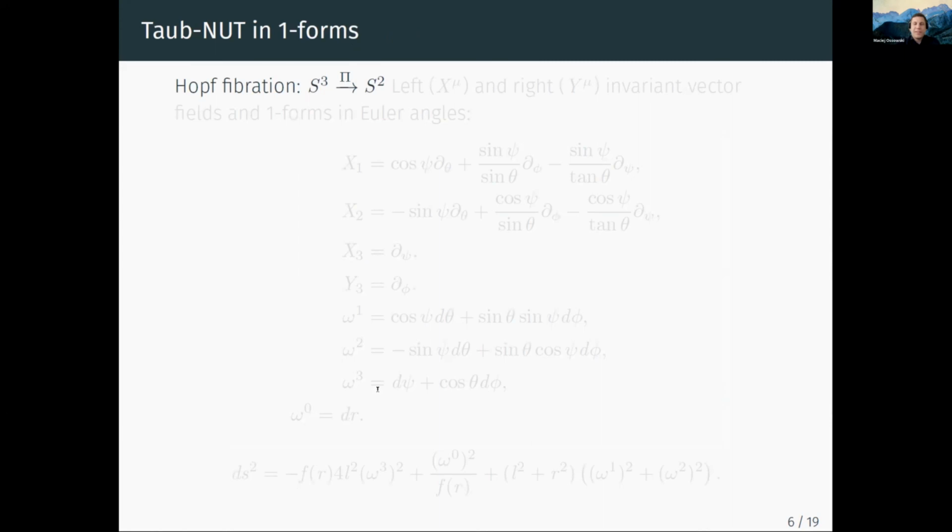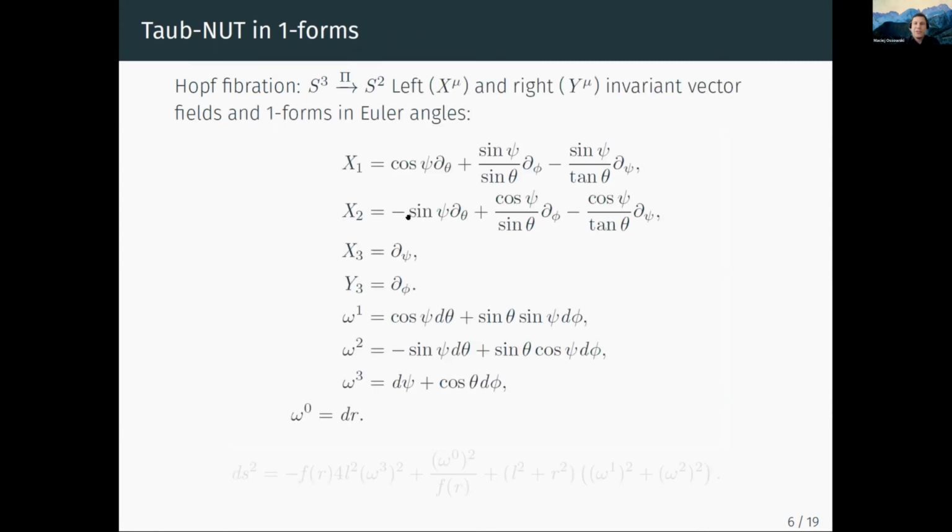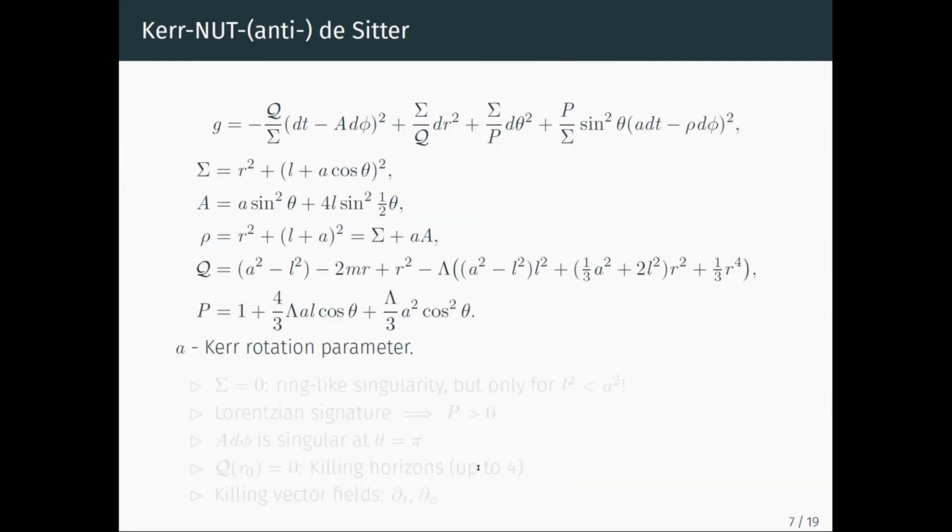To make this point even further, we can introduce left invariant Killing vector fields and dual left invariant 1-forms, and write the metric purely in terms of those left invariant 1-forms, also with some dr term here. Okay, so that's the historic part of the talk. Let me now show you some of our results.